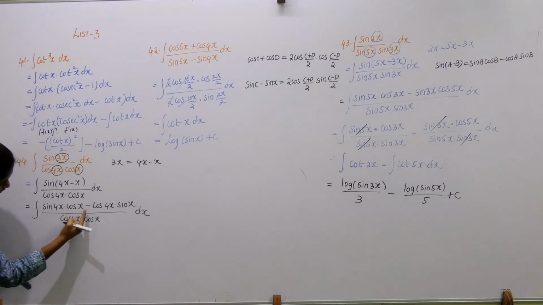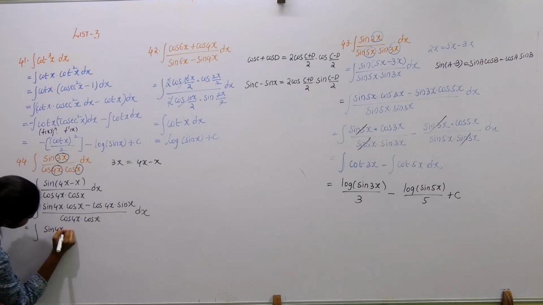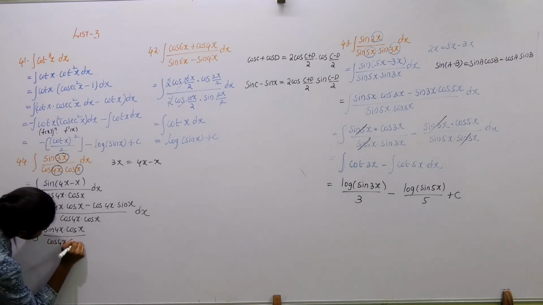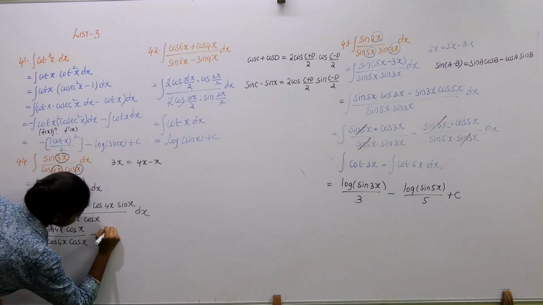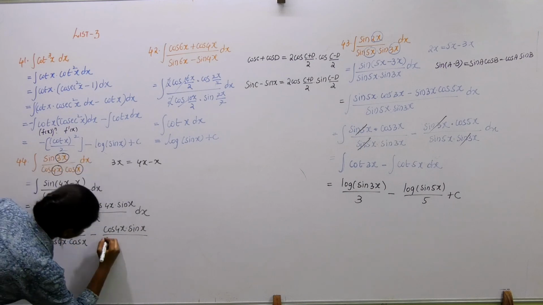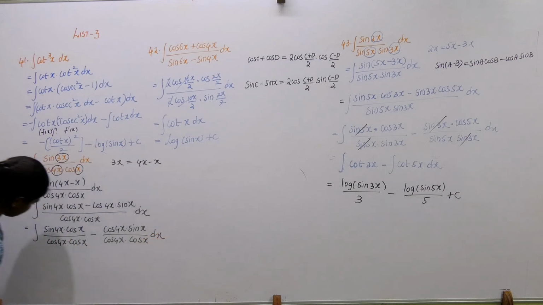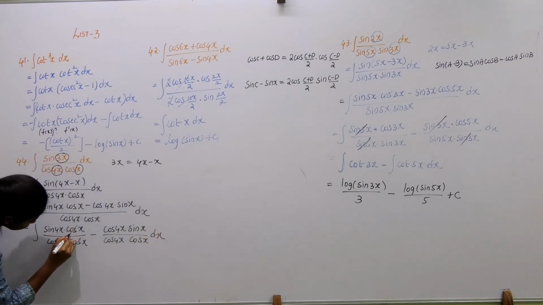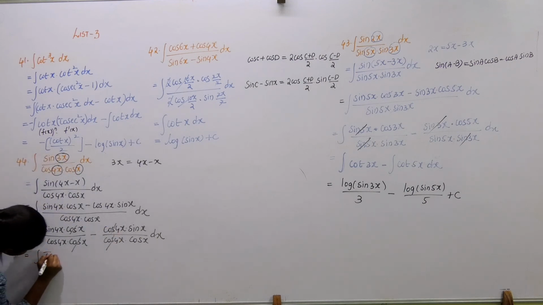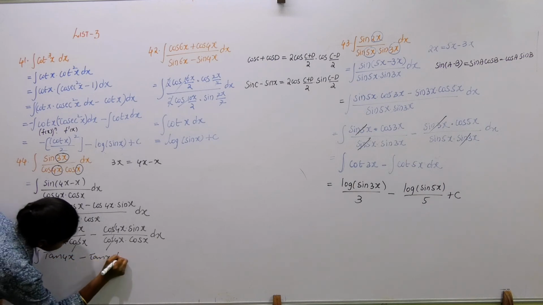Now, first term by denominator minus second term by denominator: integral sin 4x into cos x by cos 4x into cos x minus cos 4x into sin x by cos 4x into cos x dx. Here cos x gets cancelled. Here cos 4x gets cancelled. It is equal to integral tan 4x minus tan x dx.